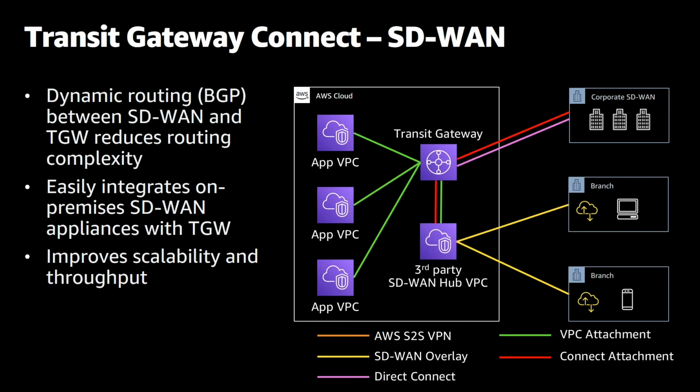Okay, so that gives you way more flexibility in that you could connect your SD-WAN overlay, and then the transit gateway will have connectivity, like we said, right back to the corporate offices and whatnot, VPN or direct connect gateway, and then you have your connectivity to the VPCs, right? So just check this out if you are interested.